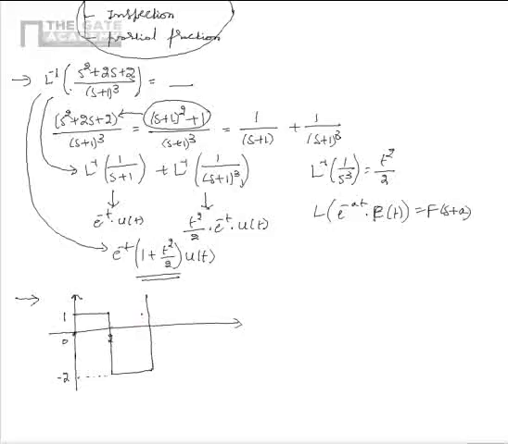Also f of t is 2 from 4 to 6, then f of t is minus 2 from 6 to 8. So this is the given f of t.